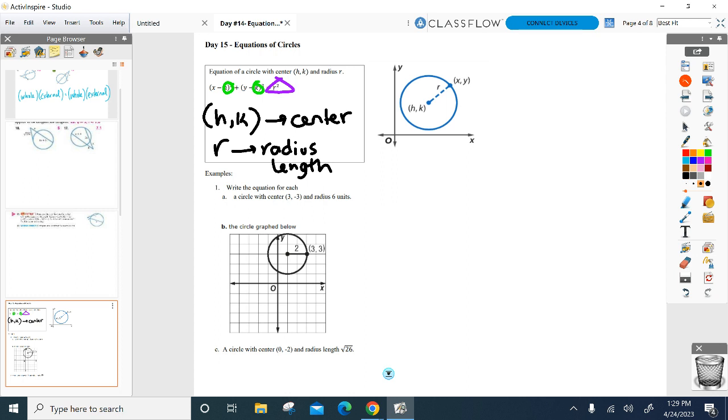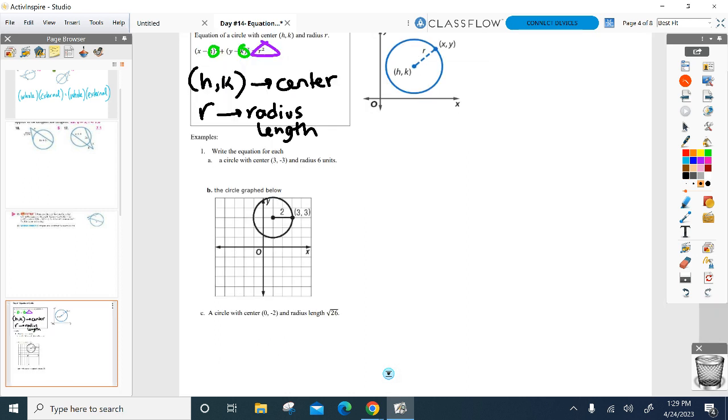All right, let's just jump right into this. 1a, center (3, negative 3), radius 6. So the 3 represents h, and the negative 3 represents k, and the 6 represents r. Does everyone see how I identify those?